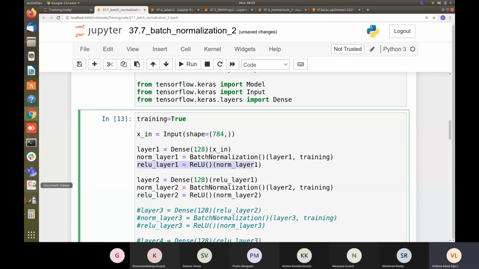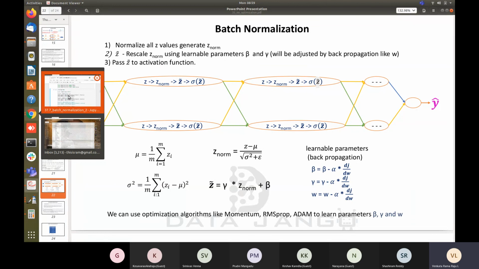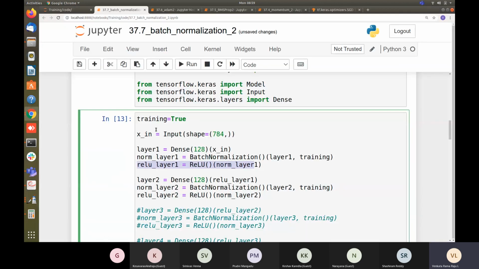Dense, batch normalize, ReLU, like that. I'll upload this code. You experiment with it and you will know. That's it for today, and you can ask any questions.